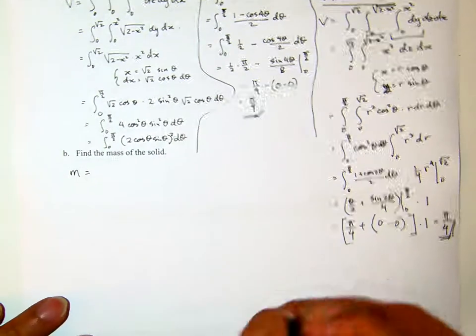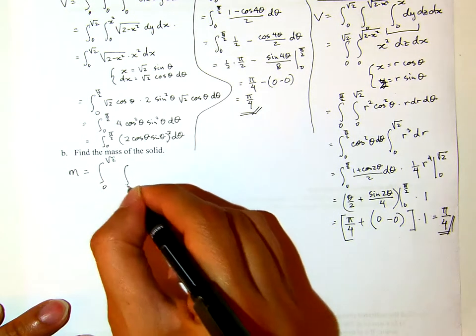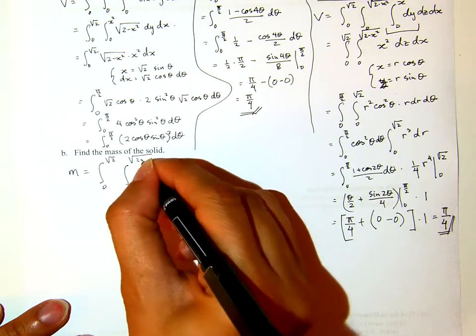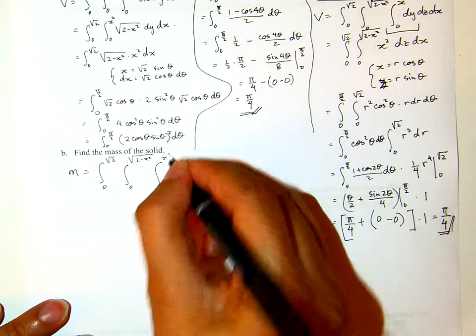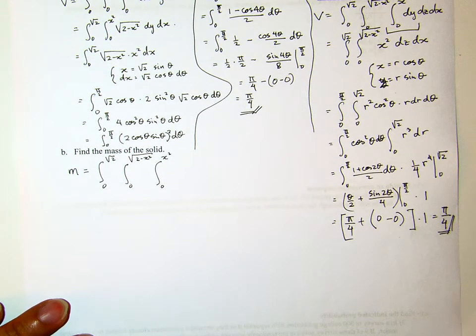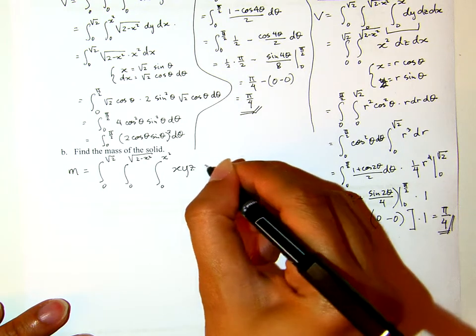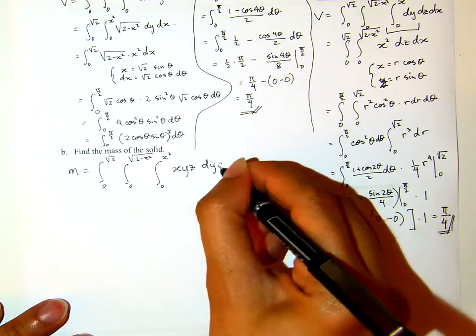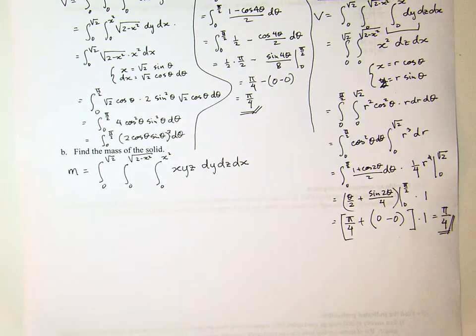The mass equals the integral from 0 to radical 2, integral from 0 to square root of 2 minus x squared, integral from 0 to x squared, and then inside I have xyz dy dz dx.